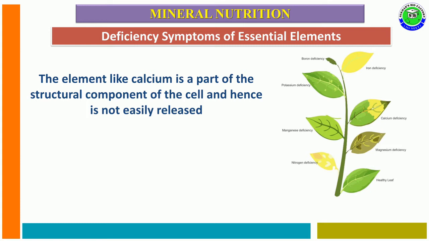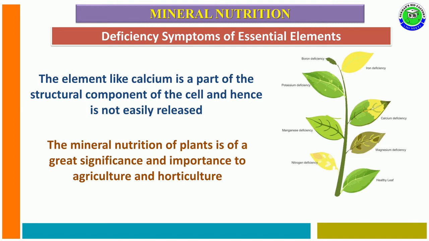Calcium is a part of cell structure, more specifically in the structure of the middle lamella, where calcium is present in the form of calcium pectate. At this time, calcium is not easily released from older parts, so its deficiency first appears in younger leaves.